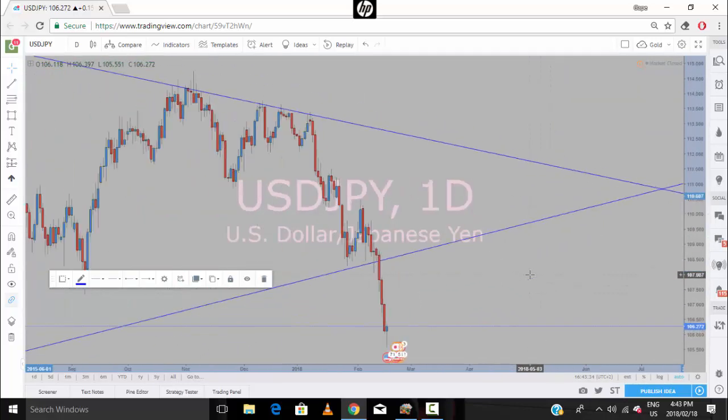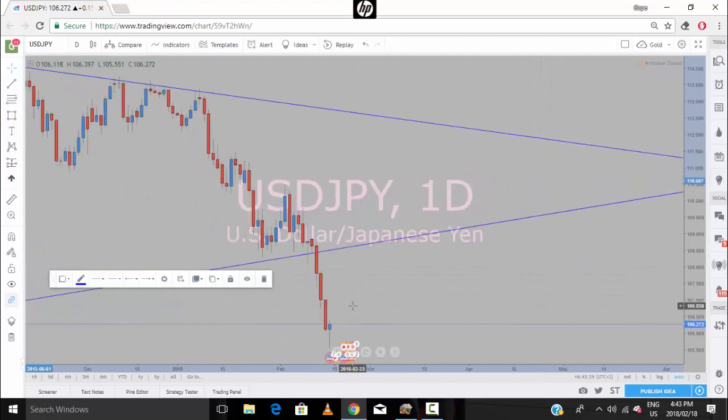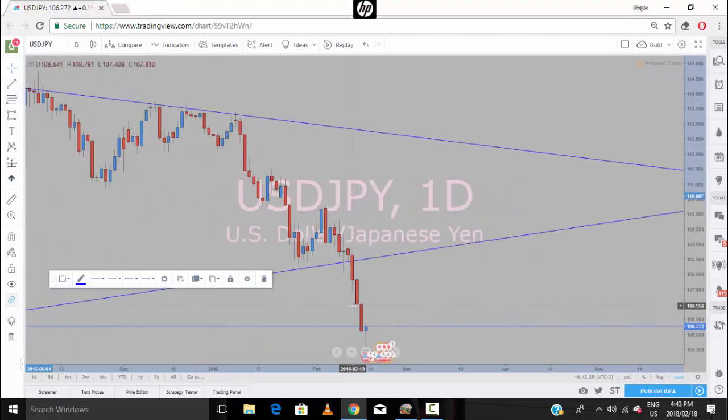We closed with a bullish hammer, so that could also indicate trend direction. The Monday daily candle closure sort of gives us an idea as to what's going to happen for the next coming week. So we've got to be on our tippy toes.